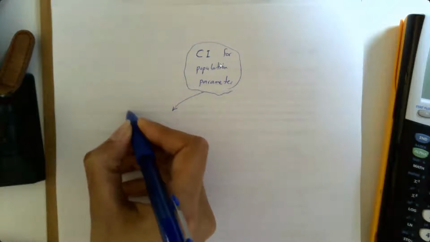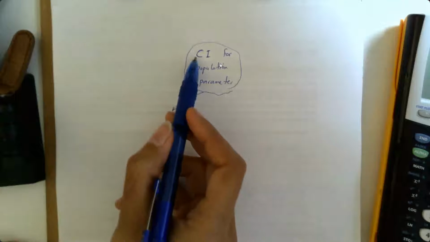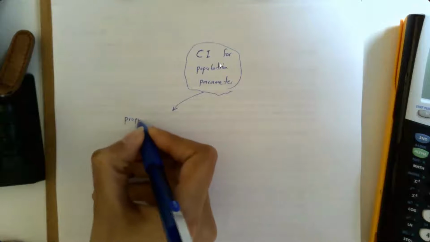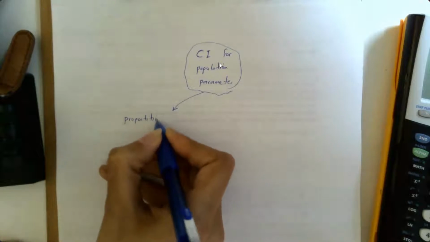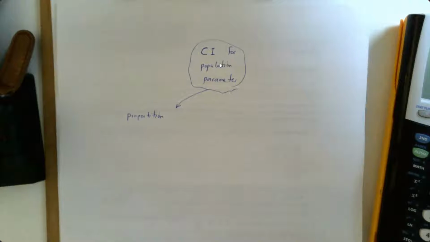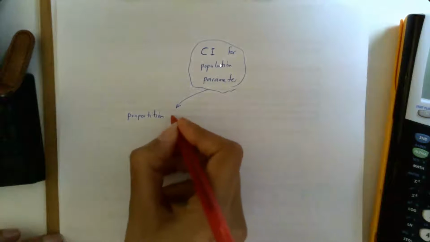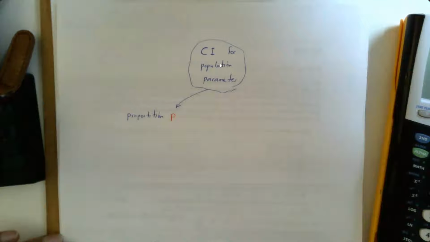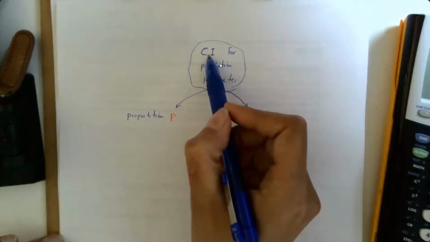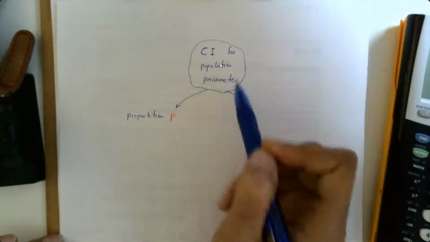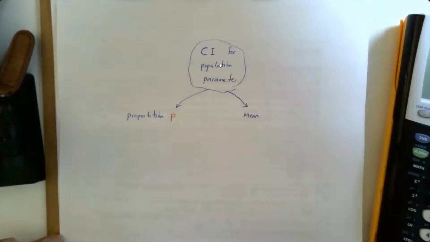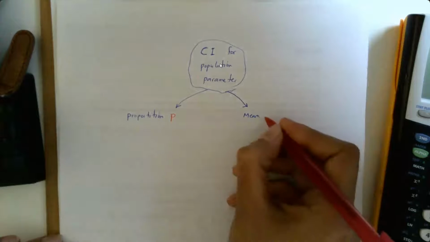So we either have been asked to find a confidence interval for population proportion, which is denoted by P, or we are asked to find the confidence interval for population mean, denoted by mu.